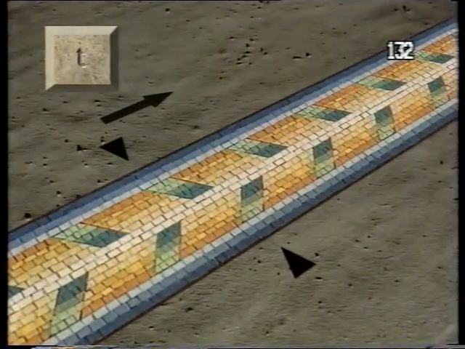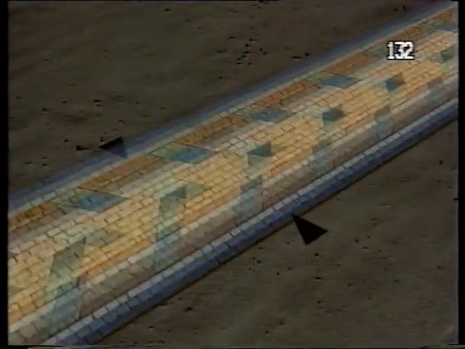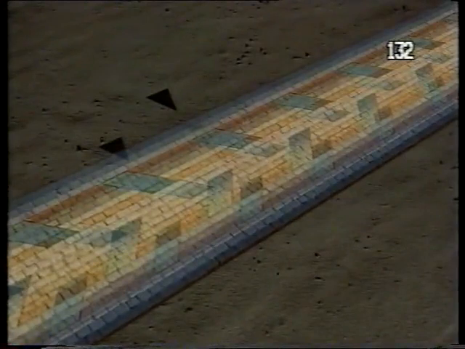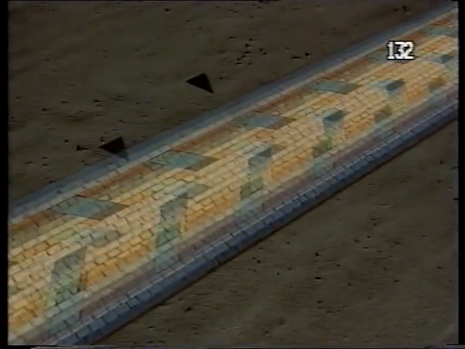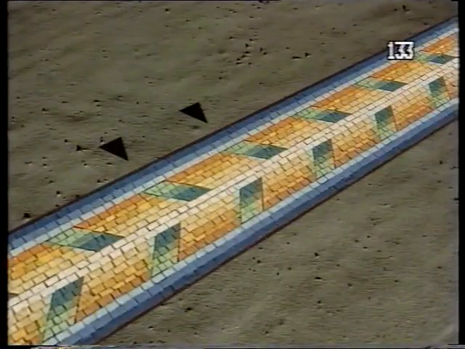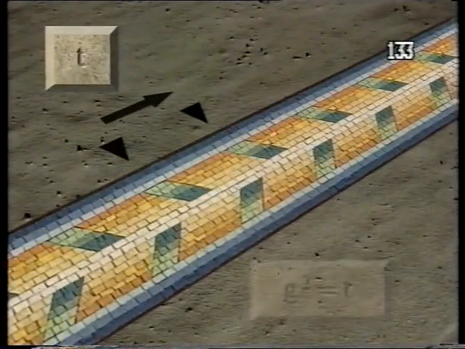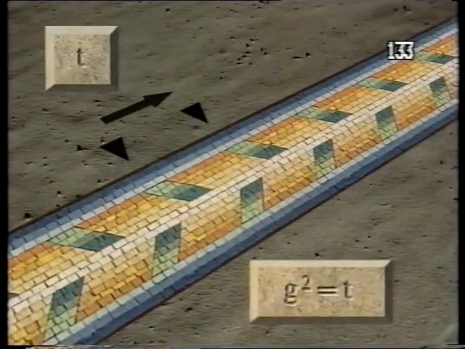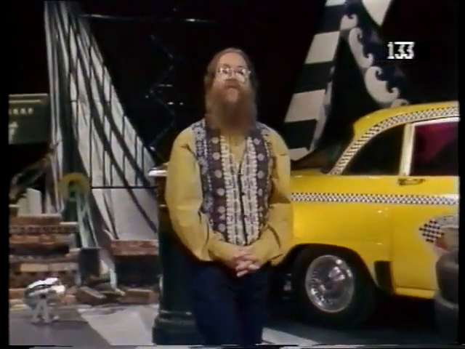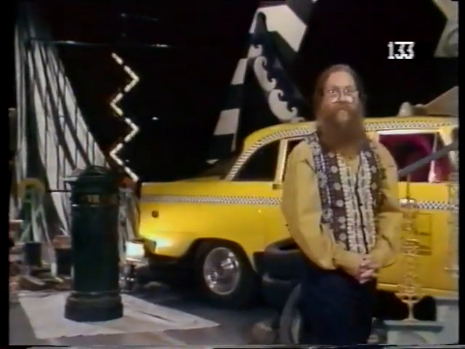So what happens if we compose G with itself? I'll perform it a second time. And now look at the mark. Performing G twice has given just the minimum translation T. So G composed with itself is T. Now, it's not only glide reflections which can be regarded as the composition of a translation with another symmetry.